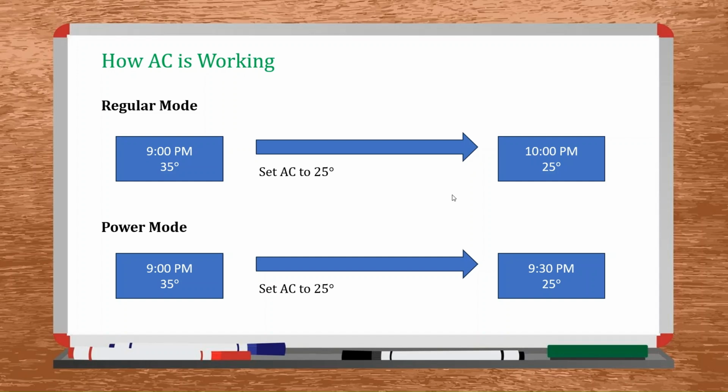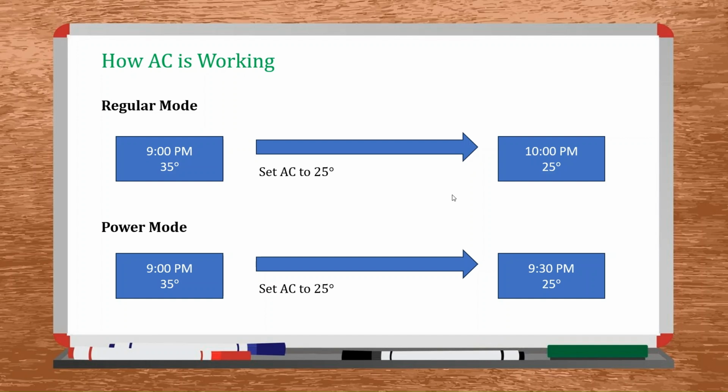For example, let's consider regular mode first. Let us assume the temperature at 9 p.m. on a certain night is 35 degrees, and I set the AC to 25 degrees in regular mode. According to what is given, it will change the current temperature of 35 degrees to the set temperature in 1 hour.